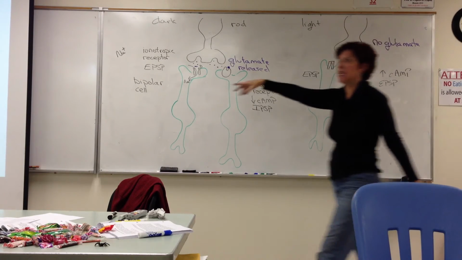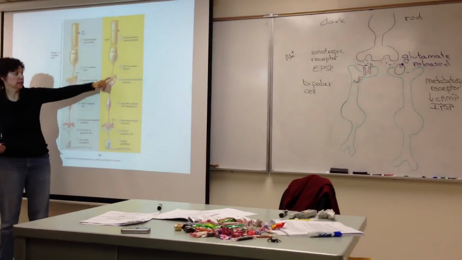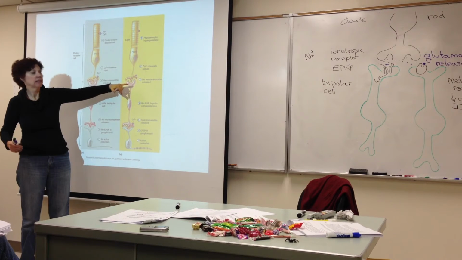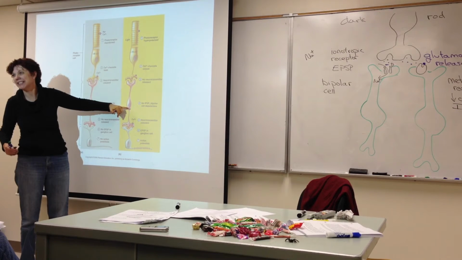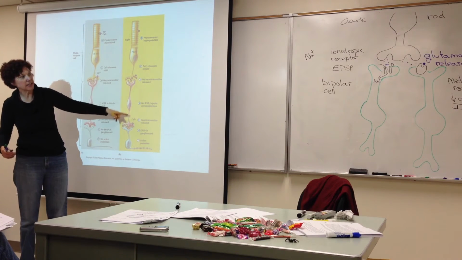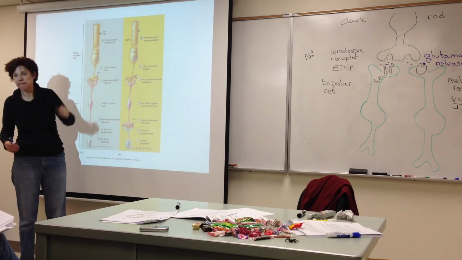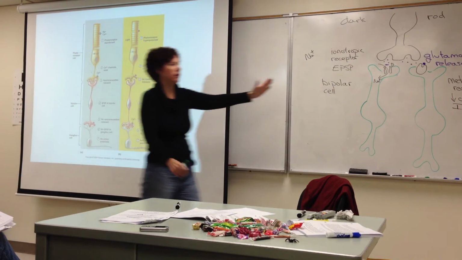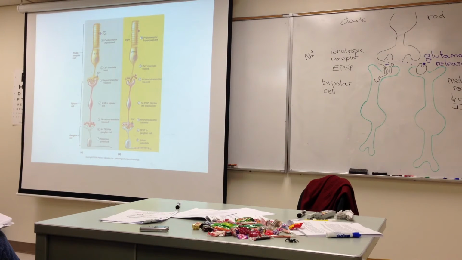That is the image that's shown here. Without the IPSP, the bipolar cell is going to depolarize. The illustration that's given here is for a cell that is metabotropic, so it would be this second one over here. With light, the metabotropic receptor cell is going to be activated and start a sequence of current.